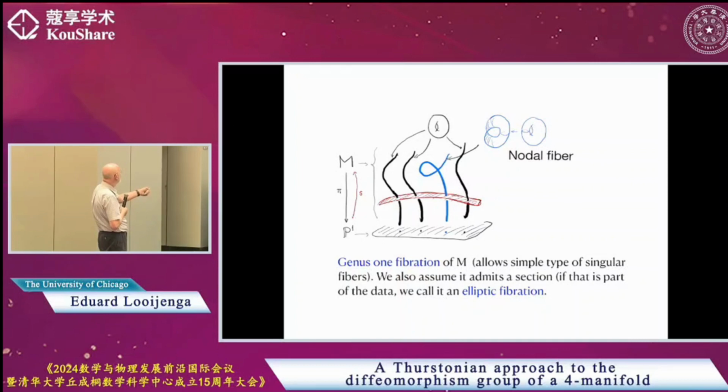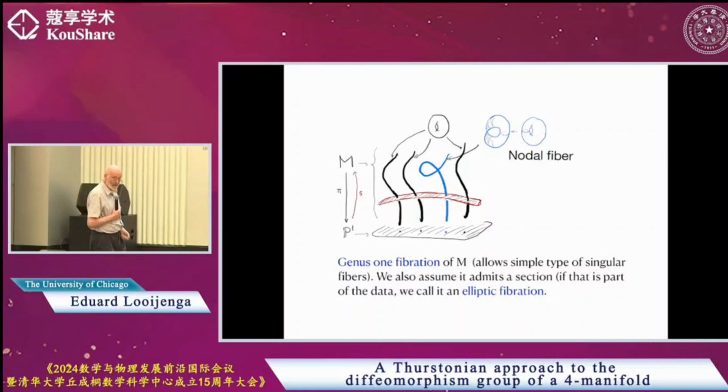This is a typical fiber, right? You have here the torus, but a nodal fiber arises from this sausage that I've drawn here, and it is obtained by taking a circle on the torus. It should be an essential circle, so it doesn't bound a disk, and that's being contracted, and you get this picture.